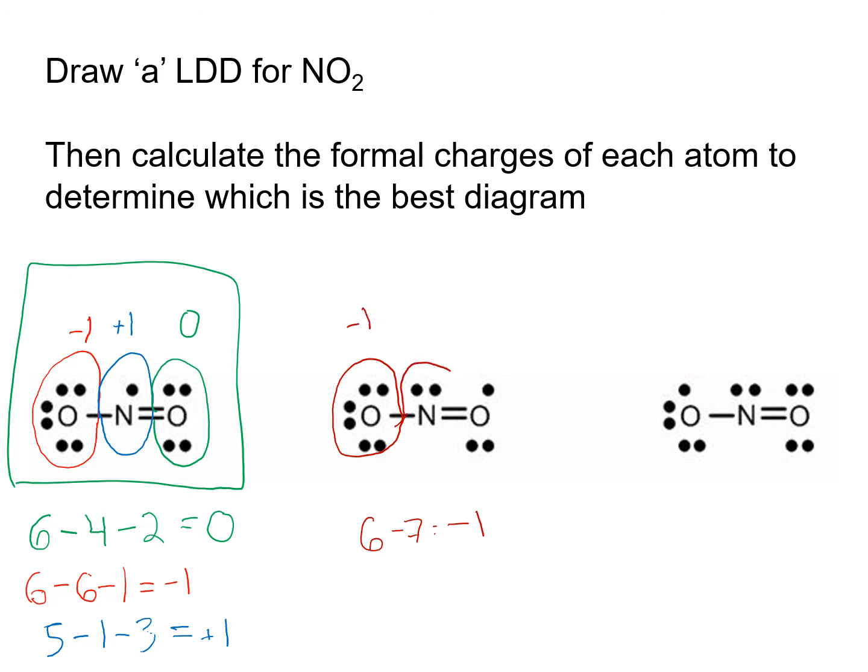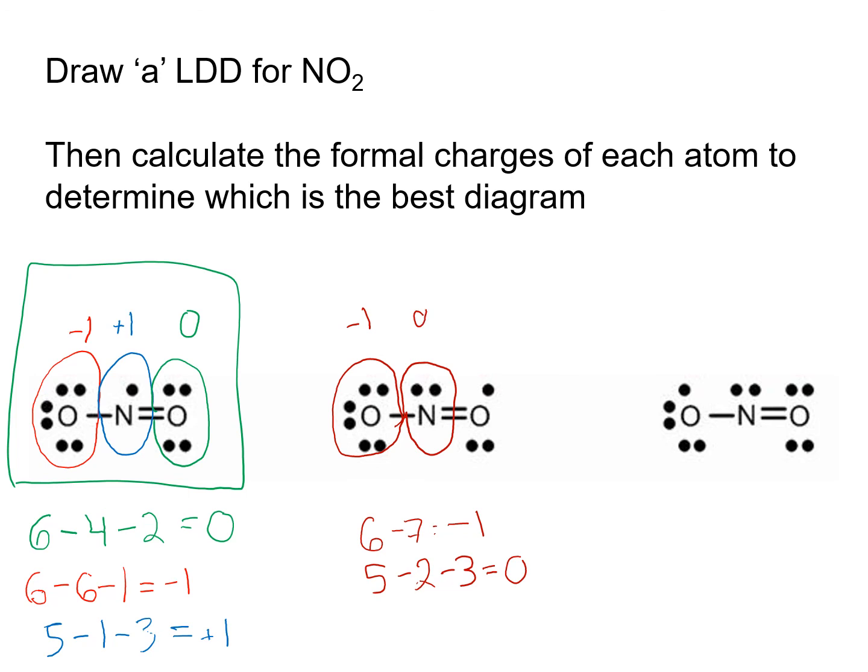Let's do the nitrogen. Nitrogen normally has 5 as its valence, and I've got 2 unbonded electrons, and I've got 3 bonds. So half the number of electrons in the bonds is 3. Let's write that out once more: 5, and I subtract the 2 unbonded electrons and the 3 electrons from the bonds, and I end up with 0.